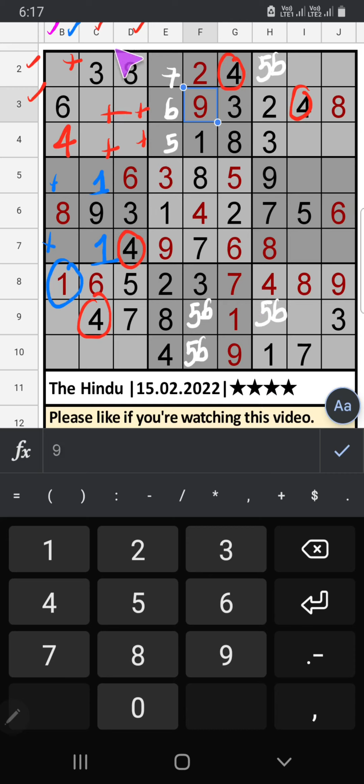Column B and column C we have 1. Fourth row also we have 1. So 1 can't come these cells. Then 1 is confirmed here.